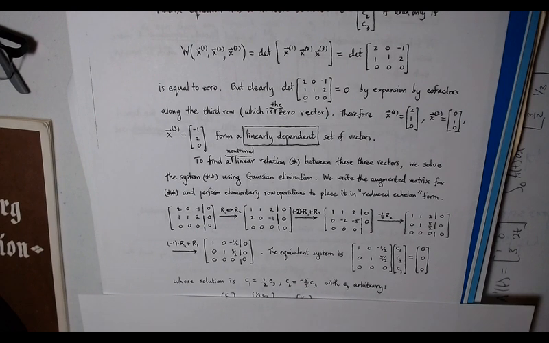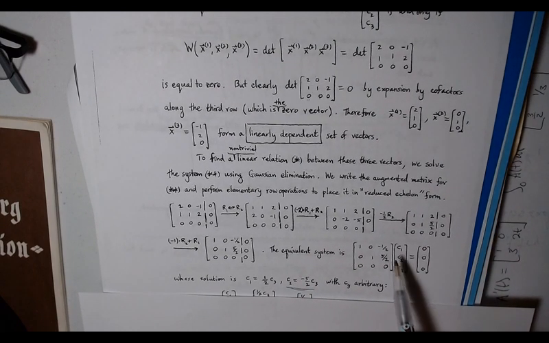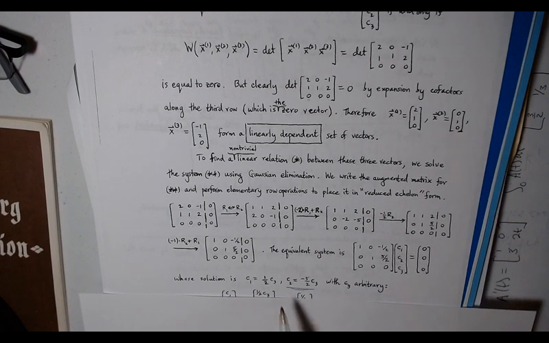So C3 can be anything we want. C2 plus 5/2 C3 has to be 0, so C2 equals negative 5/2 C3, and C1 minus 1/2 C3 has to be equal to 0, so C1 equals 1/2 C3.